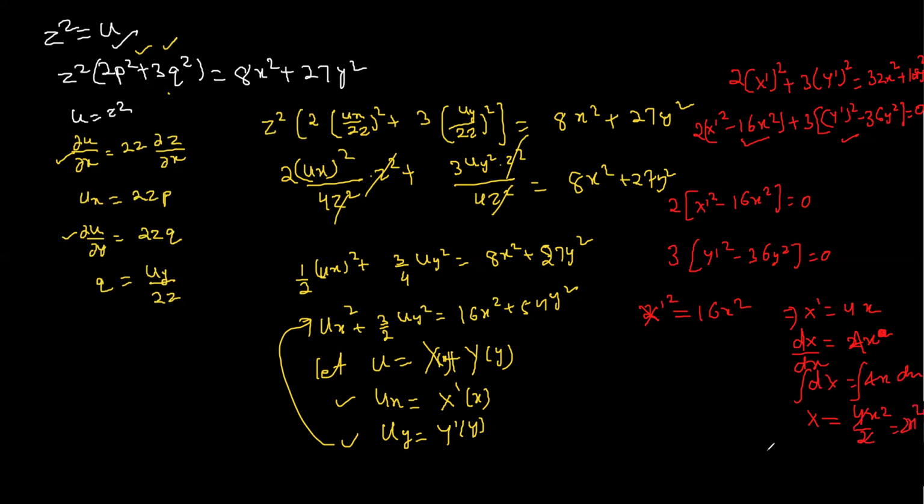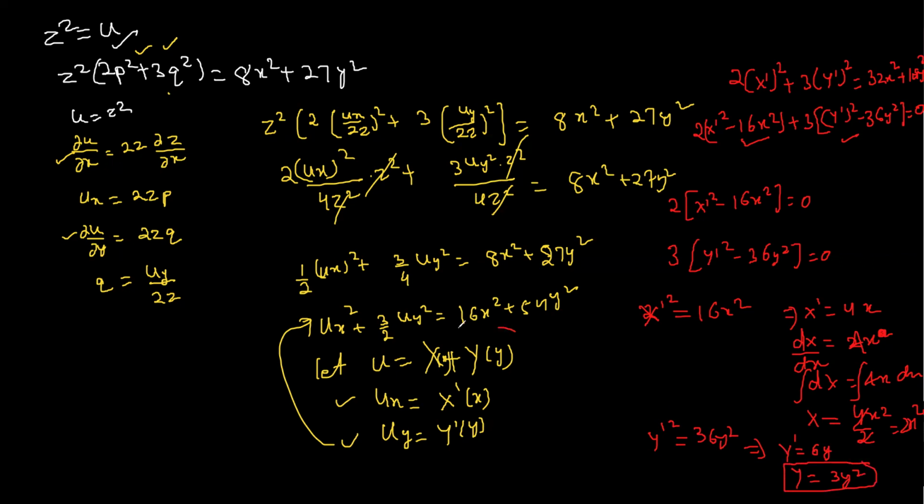Similarly, second part, Y dash square is equal to 36y square, Y dash is equal to 6y. So Y becomes 3y square after integrating.